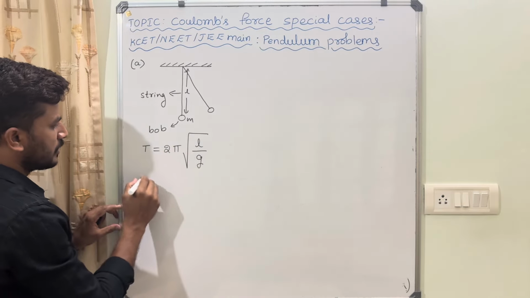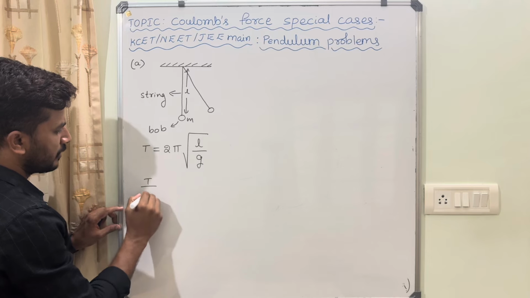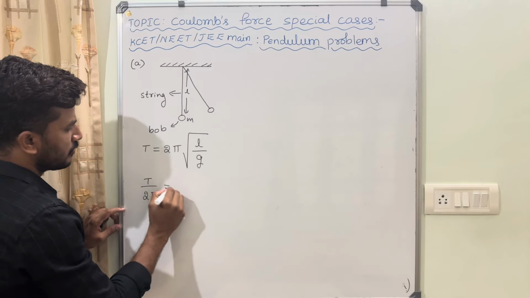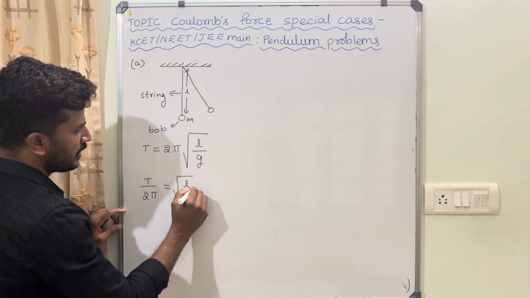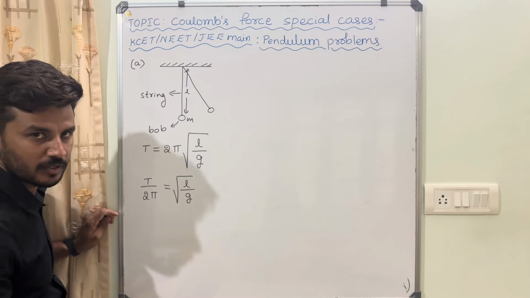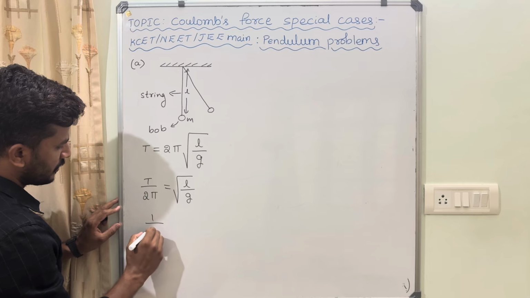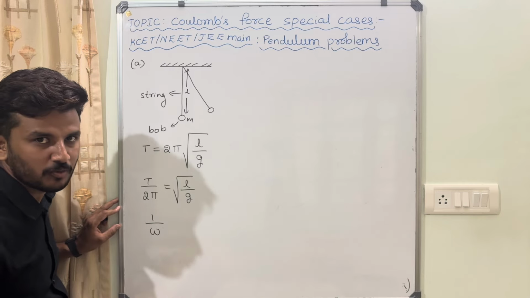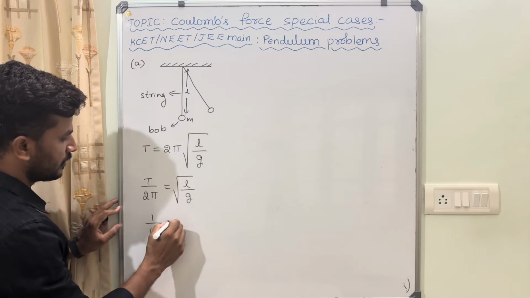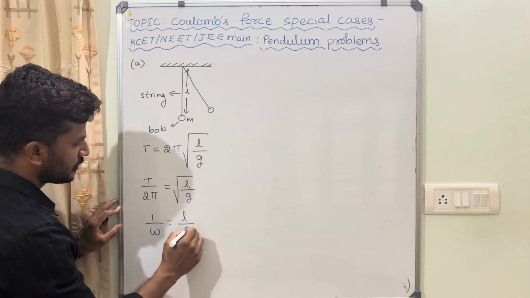If we take this 2 pi to this side, T divided by 2 pi is equal to square root of L divided by g. T divided by 2 pi is nothing but 1 by omega, because omega is equal to 2 pi by T. That is equal to the square root of L divided by g.